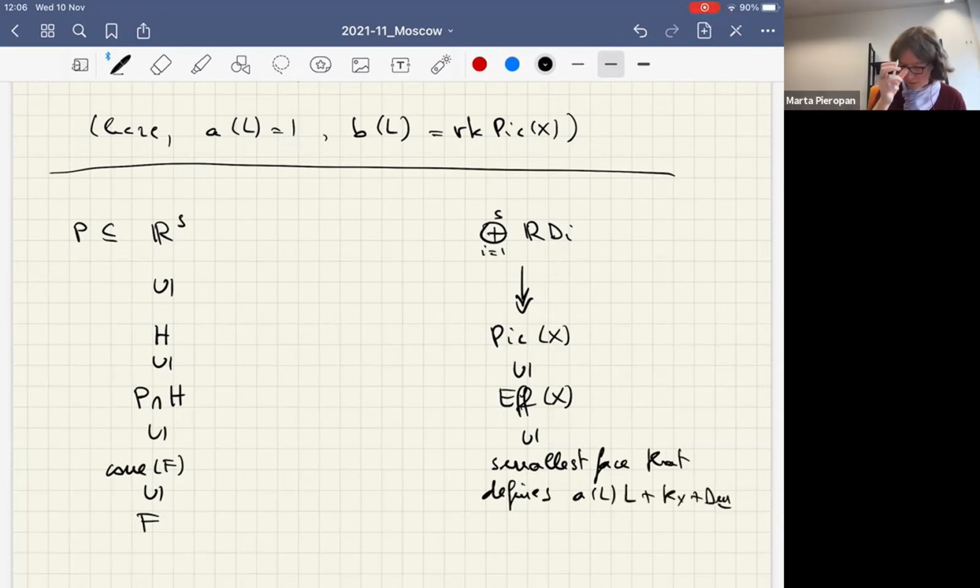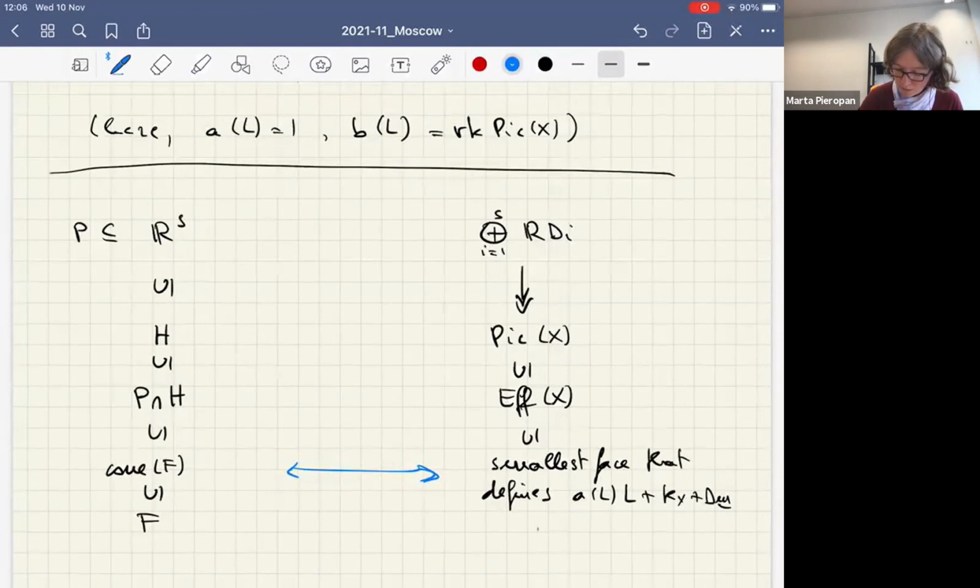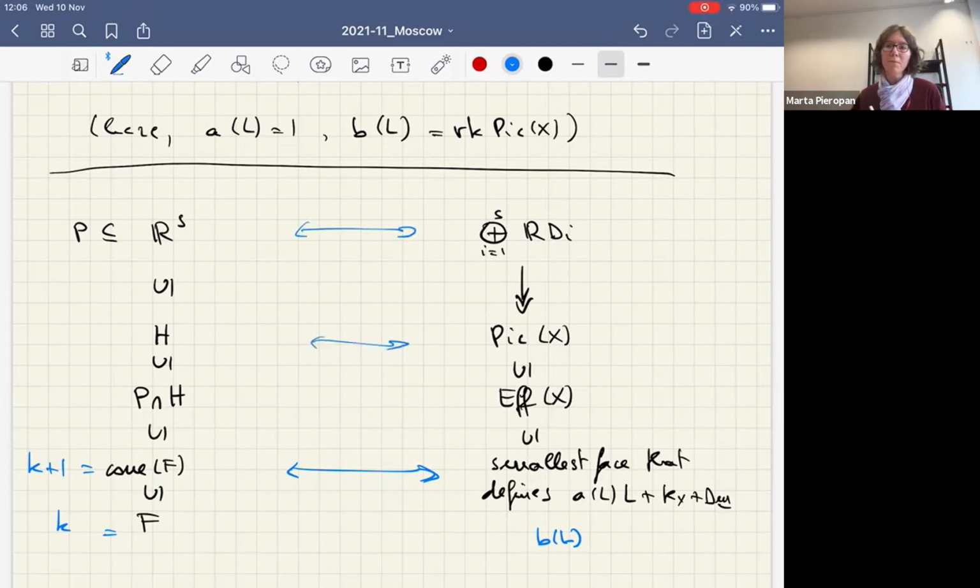And what I show is that this one is now dual to this cone here. This face has dimension B of L by definition of B of L, this one has dimension K, and this cone is dimension K plus 1. And this is how the dimensions match. But what I really do is prove the duality under this first duality, and then in here, and so all the way down.